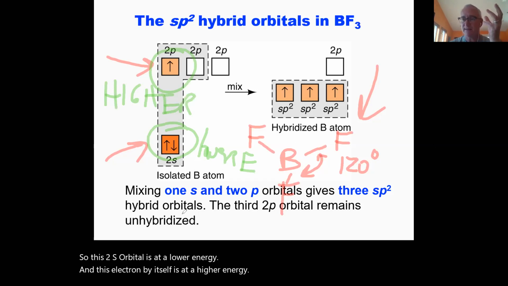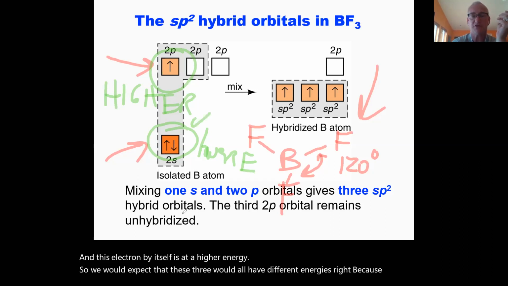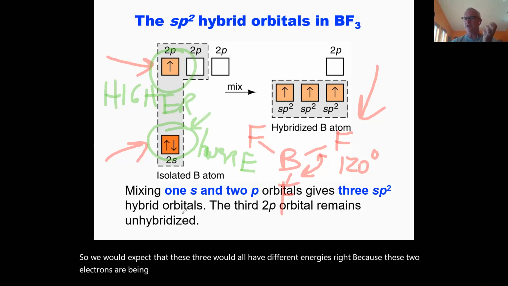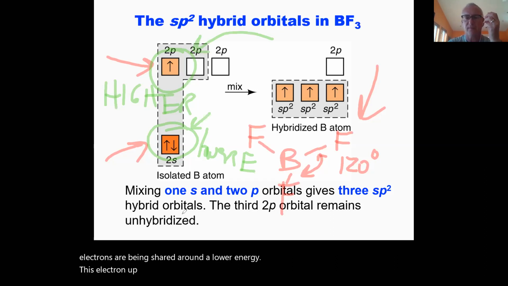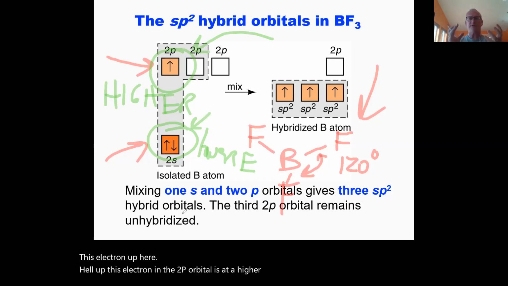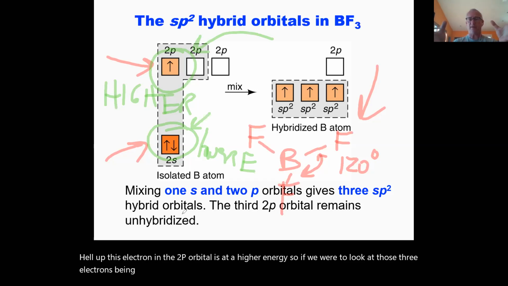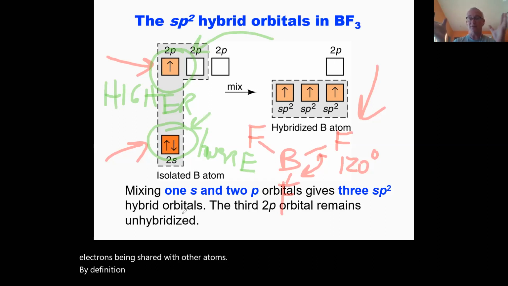So we would expect that these 3 bonds would all have different energies, because these 2 electrons being shared are at a lower energy. This electron in the 2p orbital is at a higher energy. So if we were to look at those 3 electrons being shared with other atoms, we would expect those bonds to have different energies because they have electrons with different energies.